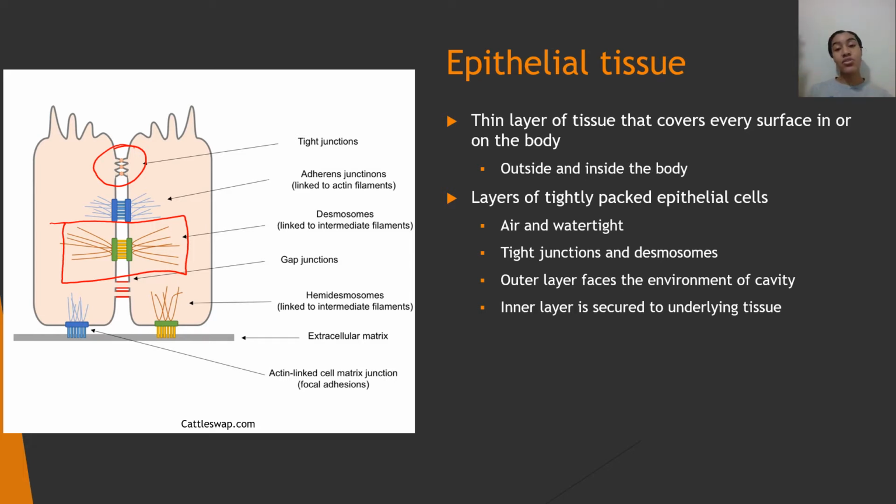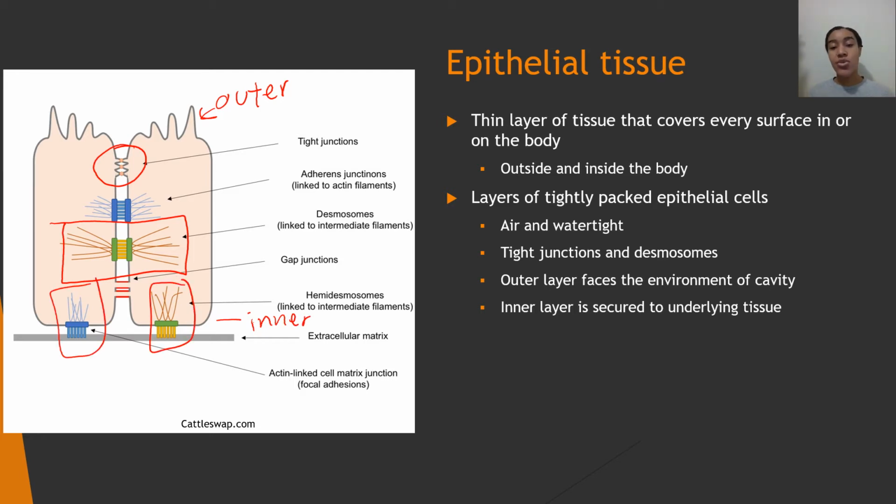Then you have the inner layer, and the inner layer is responsible for connecting that tissue to the underlying layer of tissue. You can see that in this picture here, it's showing you that this would be the outer part here that's facing the environment, and this would be the inner side, and it's anchoring to the extracellular matrix.